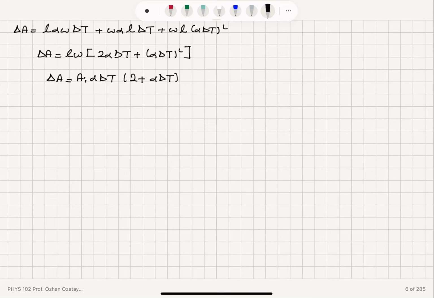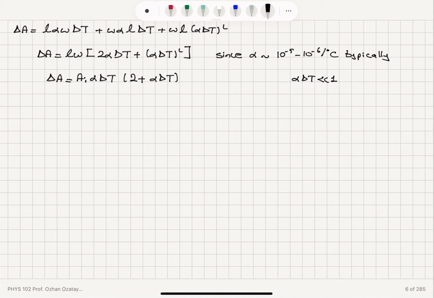Now, we know that the coefficient of linear expansion alpha is typically in the range 10 to the minus 5 to 10 to the minus 6 per degree Celsius, if you look up the values in a table, and therefore alpha times delta T is usually much less than 1, for a temperature change that is not huge, like 100,000 Kelvin or something.